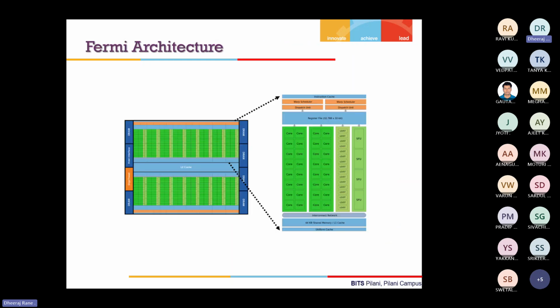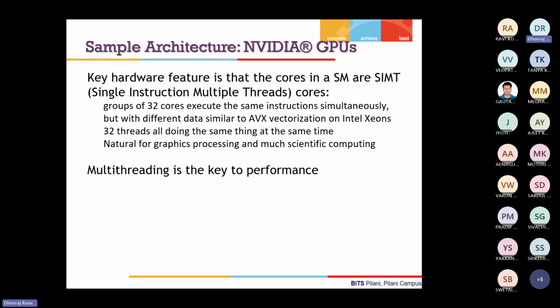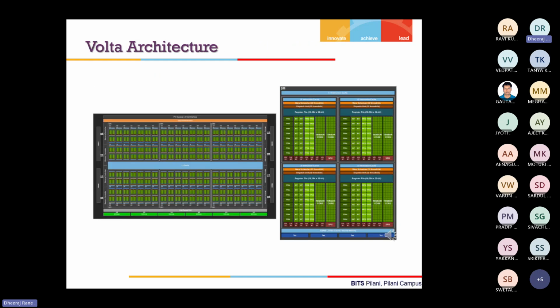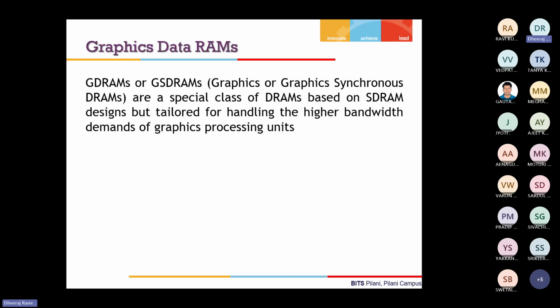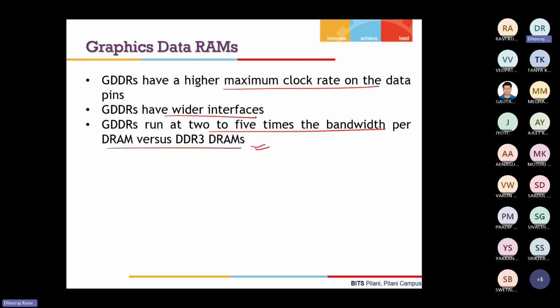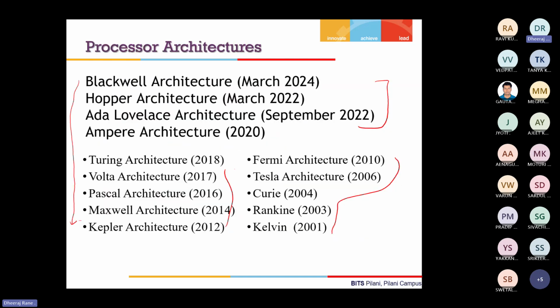For the timing, just see that these are all the architectures from NVIDIA: Fermi architecture, Volta architecture, and apart from that, Blackwell architecture is again there. So this is the whole journey of the GPU architectures. I'll correct it: I've written processor architecture, but it should be GPU architecture.